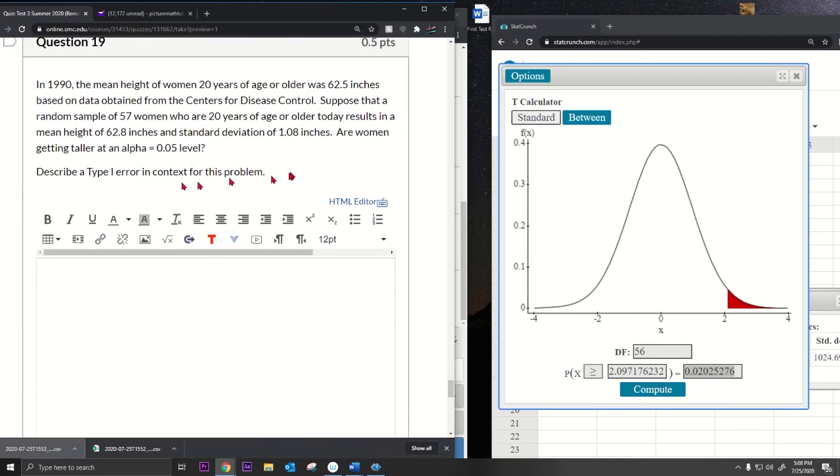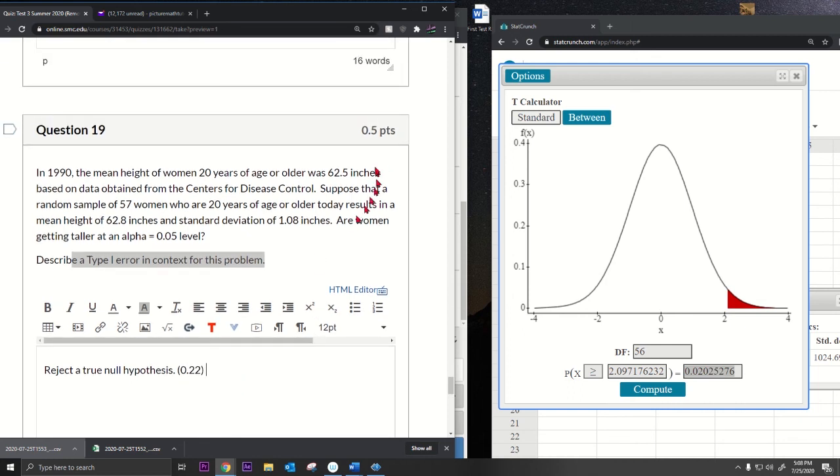Yay. So 19, describe a type 1 error. Type 1 error is rejecting a true null hypothesis. But if you just say reject a true null hypothesis, you're not going to get marked correct. You're actually only going to get 0.22 on this as your credit. This is 0.5, right? So don't just say reject a true null hypothesis. You have to explain it in context.